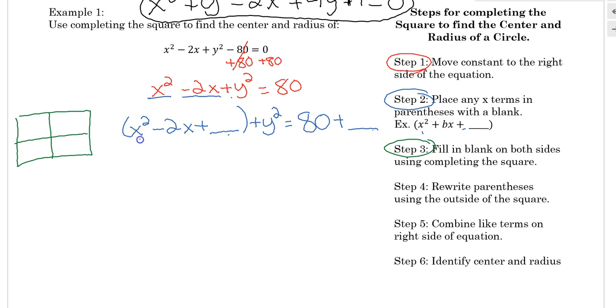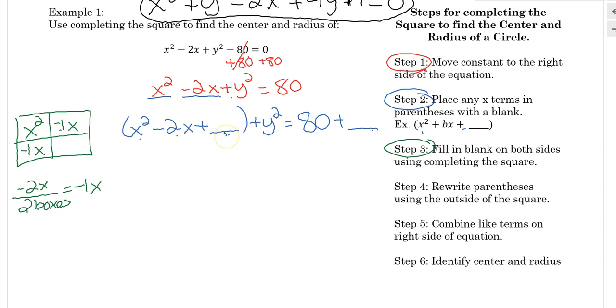So I know I have x squared. Then in my other two boxes, negative 2x has to be divided by 2 boxes. Negative 2 divided by 2 is just negative 1x. So I get negative 1x here and negative 1x here. Then I don't know what goes in that missing box.